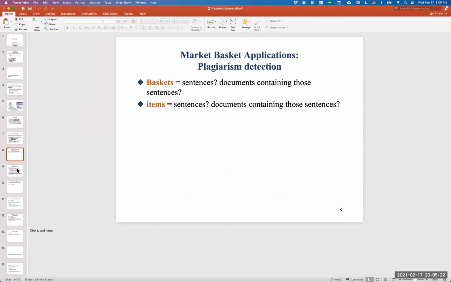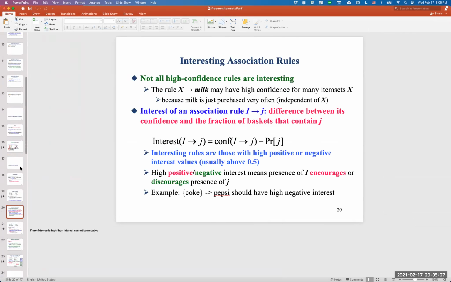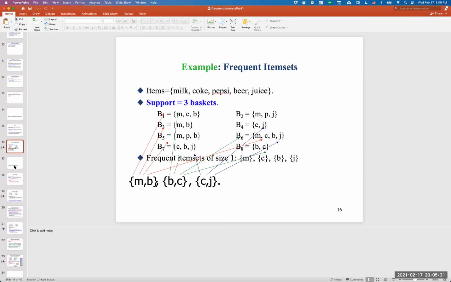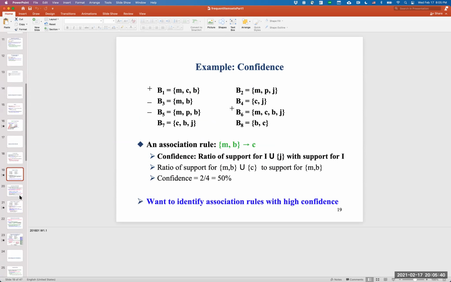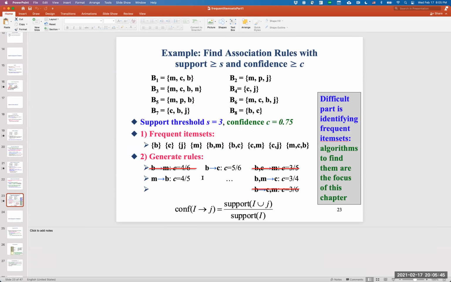But remember, when I talked about this, I said you will forget what we did on association rules because we only talked about them at the beginning. This is not difficult, because you only have a few frequent item sets to process. So the real challenge here is to identify frequent item sets. This is how you generate the rules.